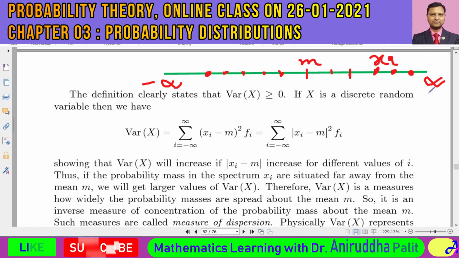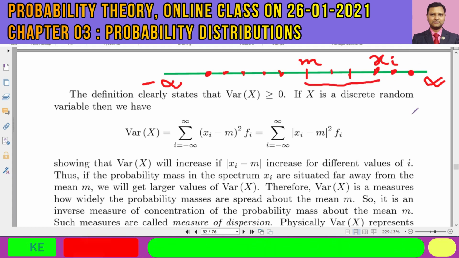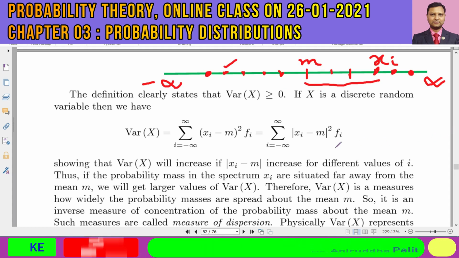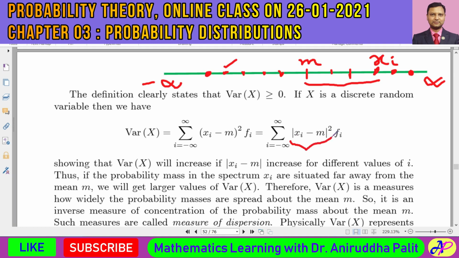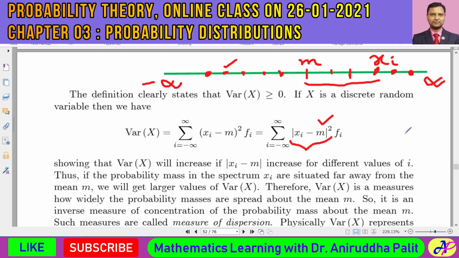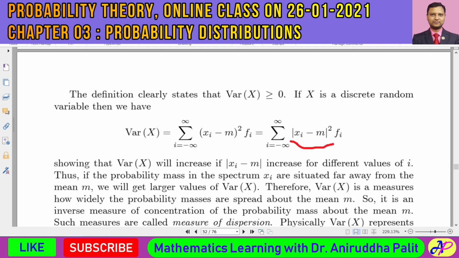Then this much distance is xi minus m, or if xi is situated on the left side, then we shall have this kind of distance, m minus xi. So m minus xi or xi minus m together can be represented as modulus of xi minus m, its whole square multiplied by fi. So what does it mean? We can say that this modulus of xi minus m is actually the distance.